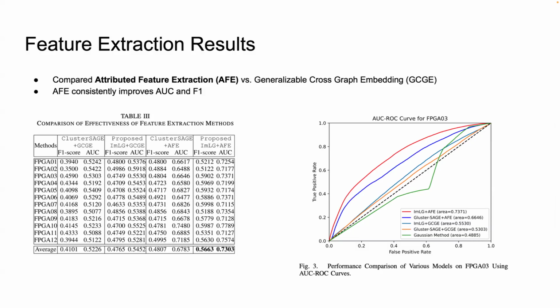It gives a higher true positive rate and a lower false positive rate, which is expected. And they signal that most of the improvements are coming from the AFE embeddings, and that EMLG is better than ClusterSAGE as well.